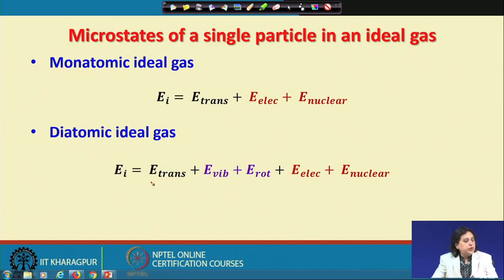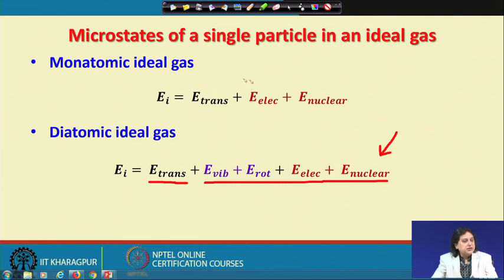So, as before, I have two parts in the energy. This part corresponds to the overall motion of the molecule in the three-dimensional space in which this molecule is confined. There is another term which is a summation of different contributions that comes because of the underlying structure of the molecule.